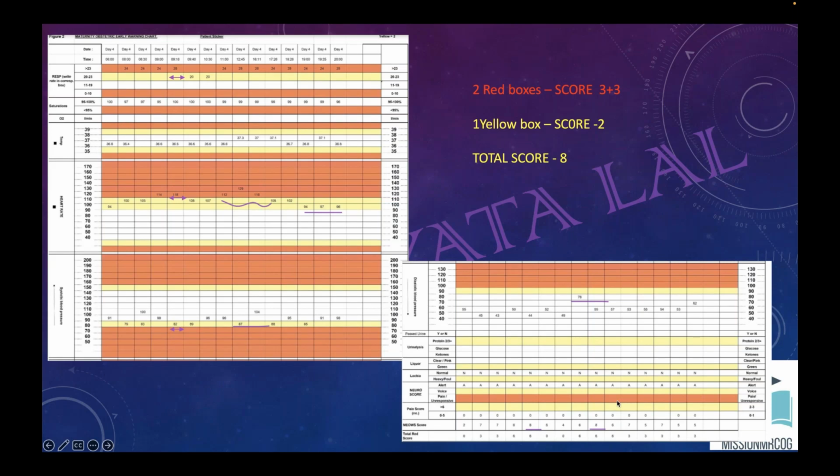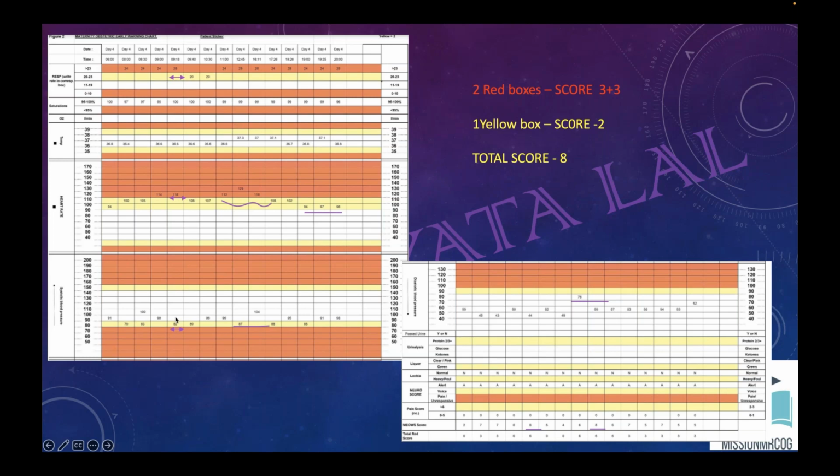Now how will you calculate? I'm calculating this. Here one score has come red in color, so one red box. Now I'll follow this down. Another red, so there are two red boxes. Two red boxes score 3 plus 3.